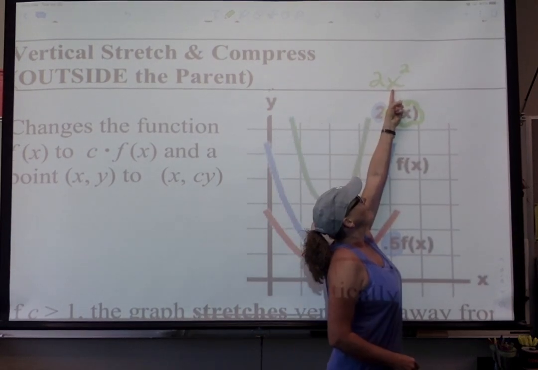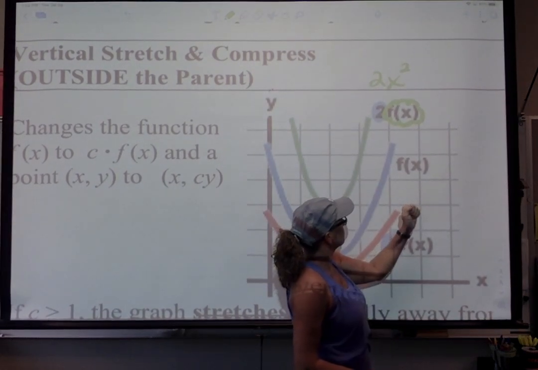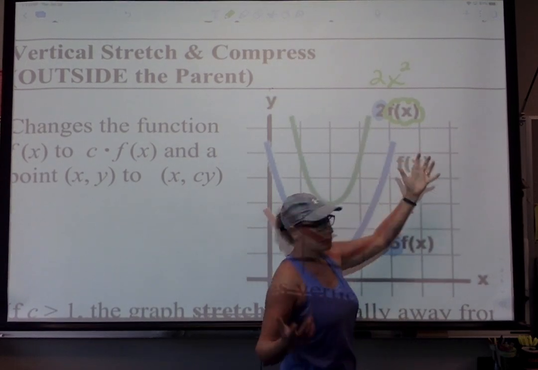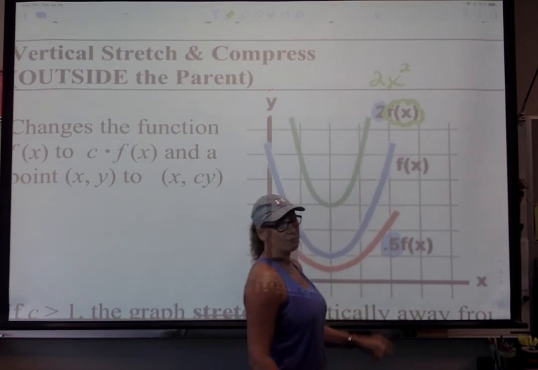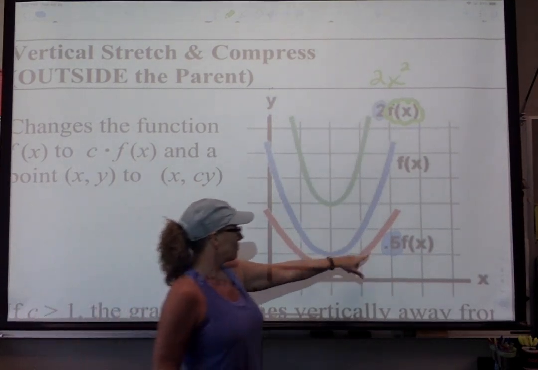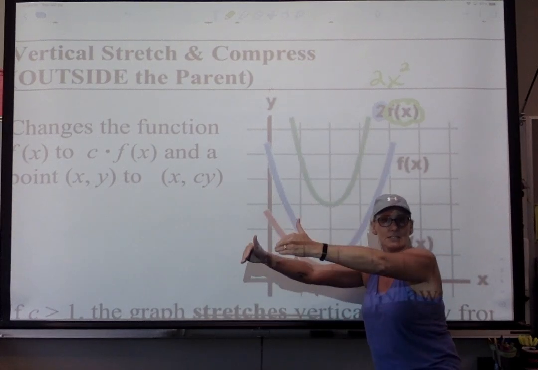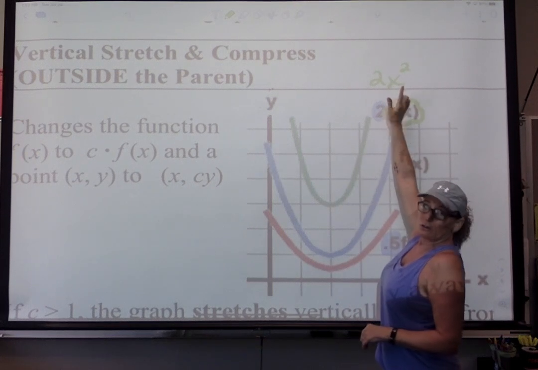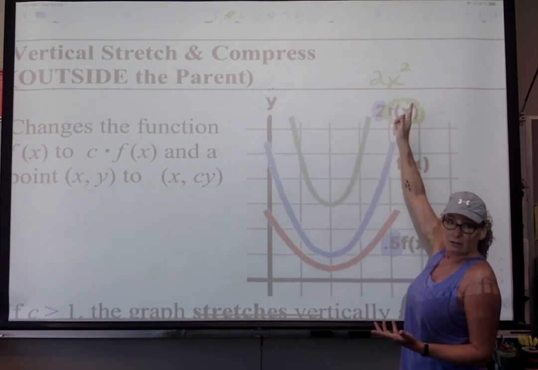What happens when we have a function like x squared and we put a 2 in front of it compared to the original? Or what happens when we have a function like x squared, whatever, and we put a 0.5 in front of it? So what you're going to see is when you stick a number out in front of the function, if you have a coefficient out there, all the y values that you get when you square x, so you pick a number, any number, you square it, like 3.